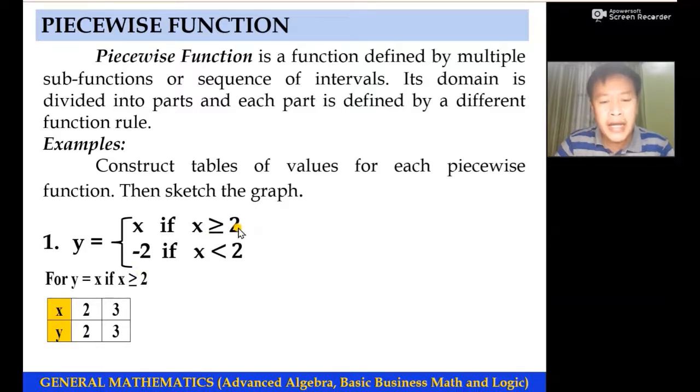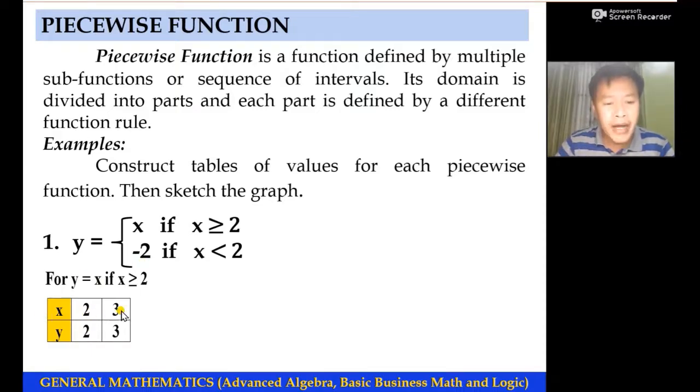In assigning the value of x, we are going to consider the domain of its specific subfunction. In this case, we are going to start assigning the value of x with 2 going to the right because our x is greater than or equal to 2. Therefore, x is equal to 2. Then after that, we are going to arrange, of course, the values of x.